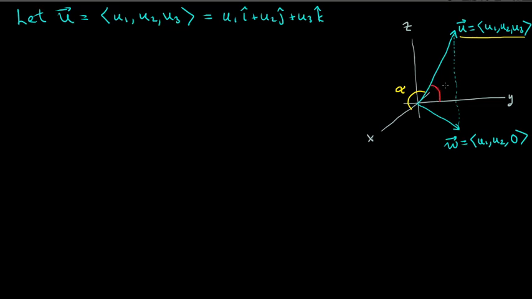So that's this angle here. Of course, I'll use the Greek letter beta. And finally, we want the angle between the vector u and the z-axis. And for now, we're going to use gamma, although we're going to switch to a different Greek letter later. But for now, alpha, beta, gamma. Okay? So how do we determine those three angles?